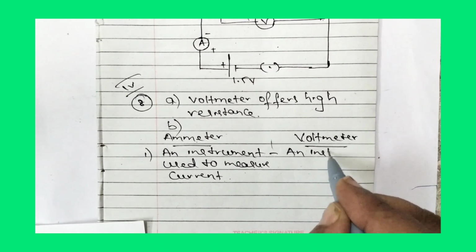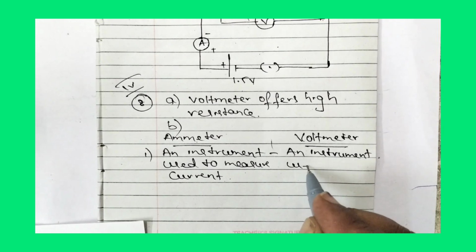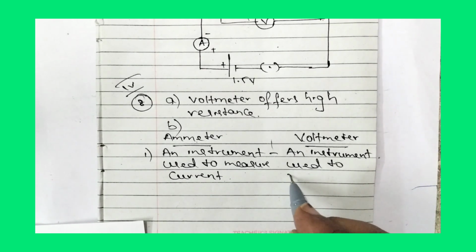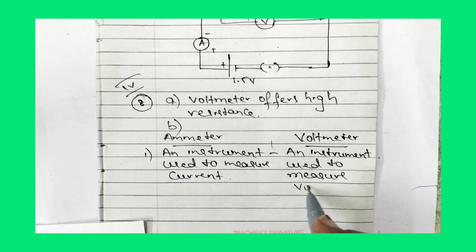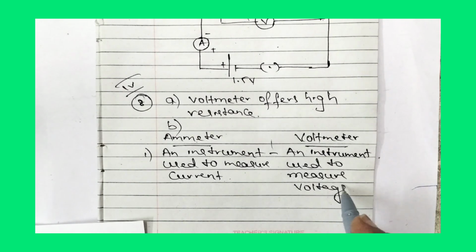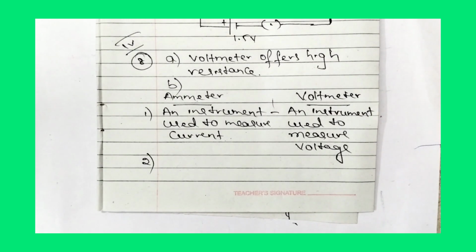A voltmeter is an instrument used to measure voltage. This is the first difference.